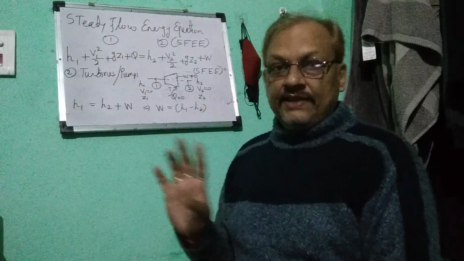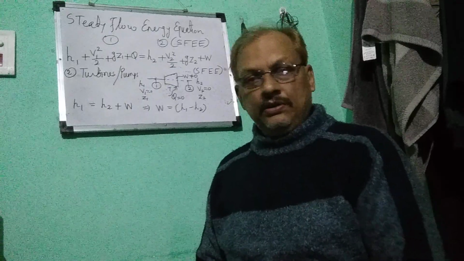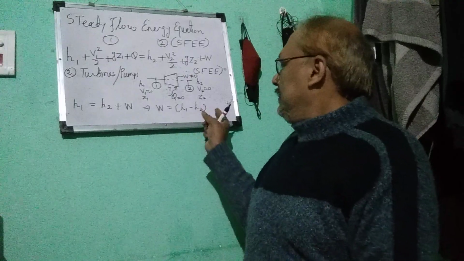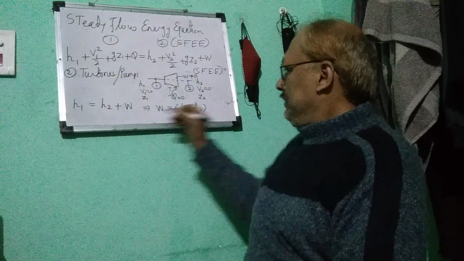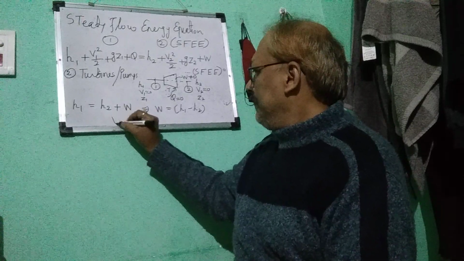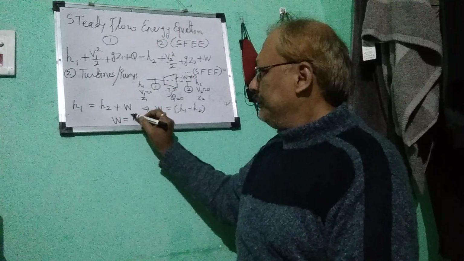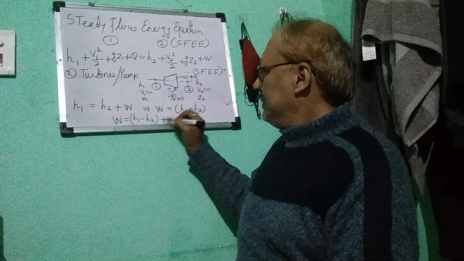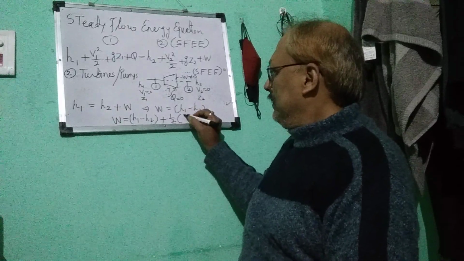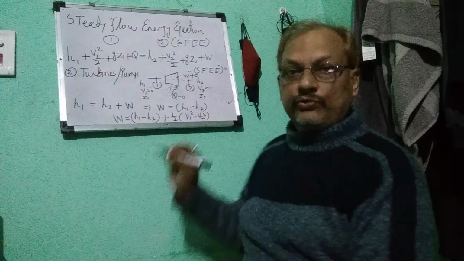If data is given for V1 and V2, then we have to include them and calculate. So W equals H1 minus H2 plus half of (V1 square minus V2 square).